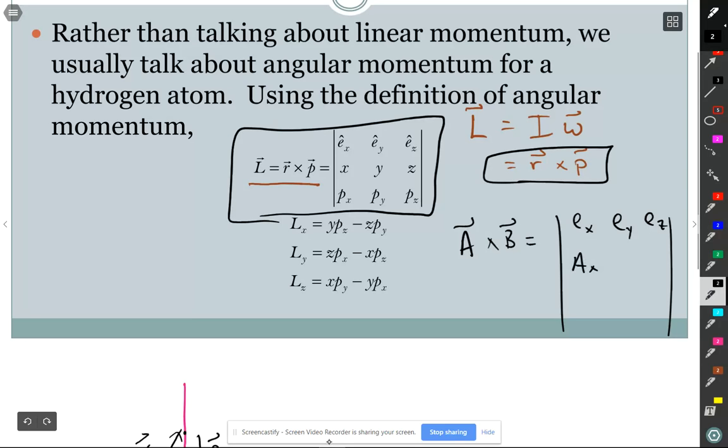Then I put ax, ay, az, bx, by, bz. Order is an important thing. I have to make sure the A's are in the second row and the B's are in the third row, A's being the first one in my cross product, B's being the second one. If you reverse which row they're in, you get the opposite direction.